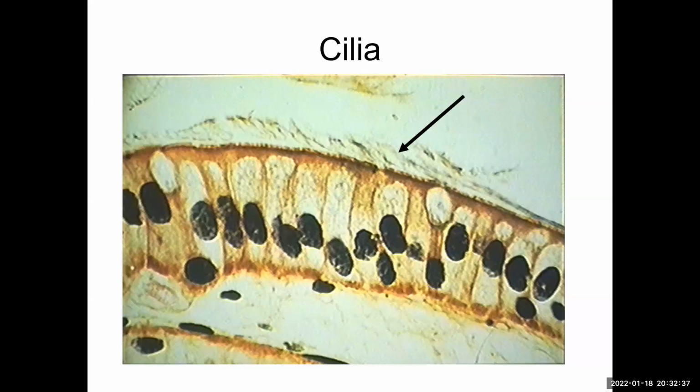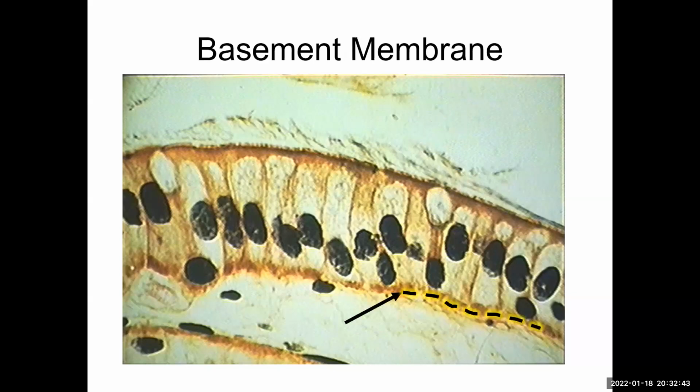If it's out here, away from the cells, that's going to be cilia. This is another example of the basement membrane. This dark brown coloration down here, that's the basement membrane. And that's what all simple epithelium sits on top of. It makes direct contact with that basement membrane.